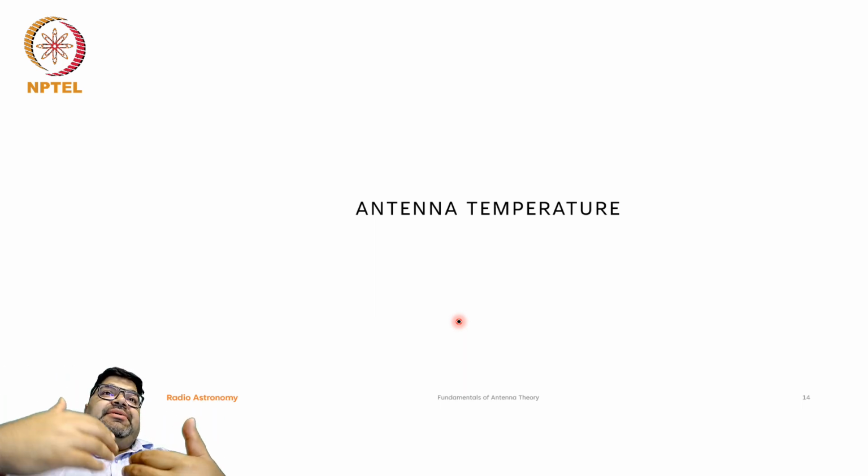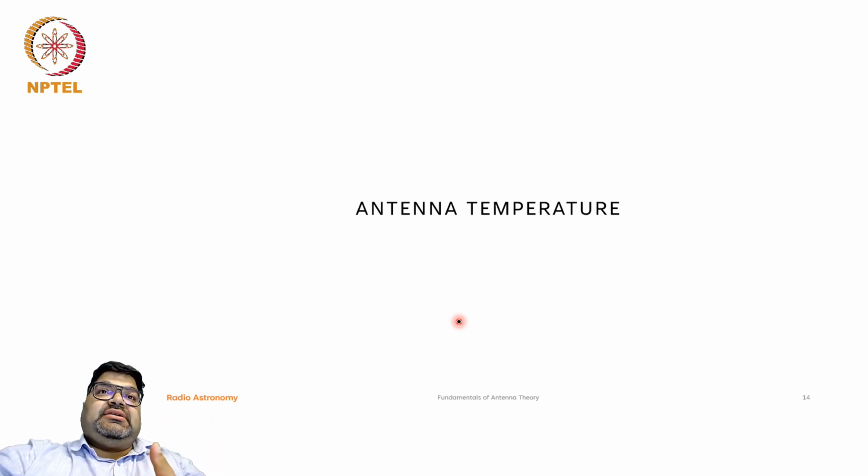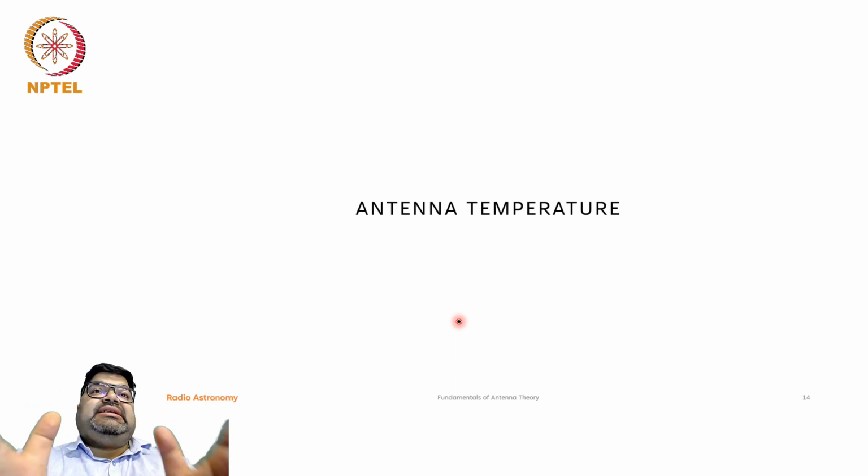So when we say the antenna is radiating with this kind of efficiency, this is the directivity, this is also the gain in that particular direction, which translates to the fact that the sensitivity of the same antenna in receiving mode towards the same direction is the same.